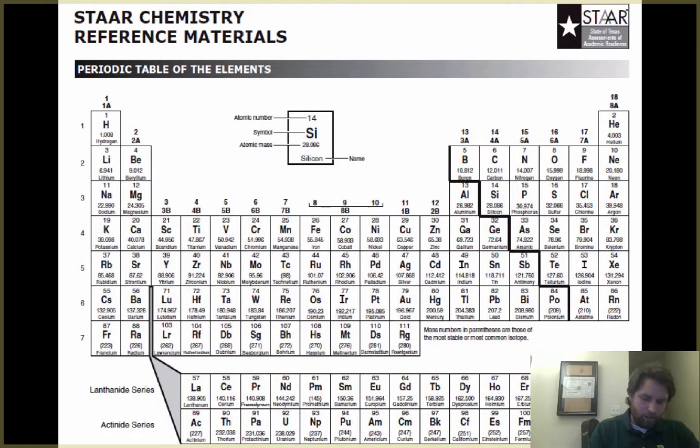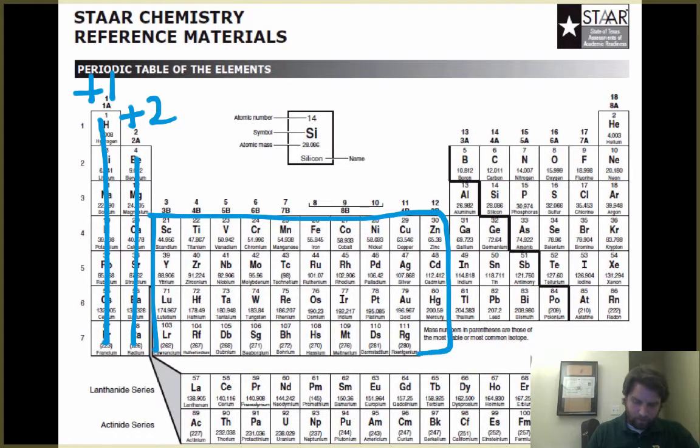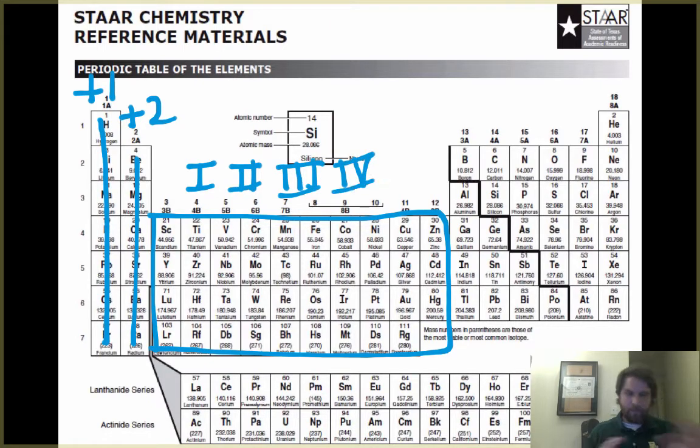If we're looking at a periodic table, all of the metals over here in group 1 have a +1 charge, or oxidation number as we call it. All the metals in the second column, group 2, have a +2 charge. Sensing a pattern? Right now we're going to skip everything in the middle. These are the transition metals that we use the Roman numerals for, the 1, the 2, the 3, the 4, etc. So we're not going to worry about those right now.